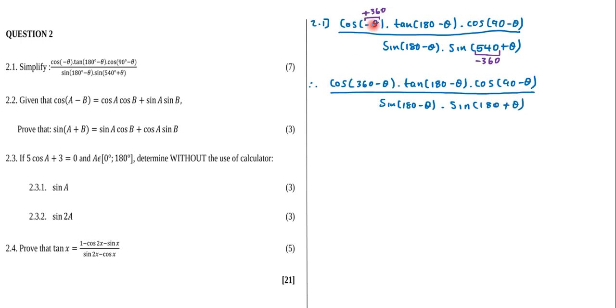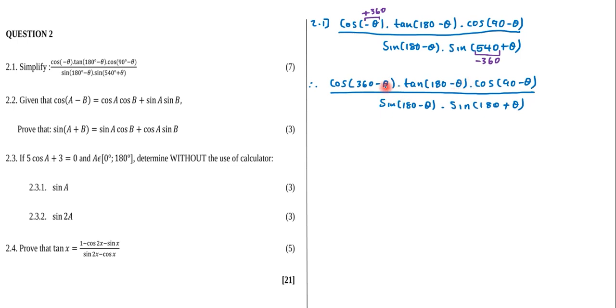I am aware that another way you could have easily done the negative one is to just focus on it as being a negative angle in the fourth quadrant and then turn that into a positive cos. So there are many ways, but we're just going to be focusing on this one at the moment.